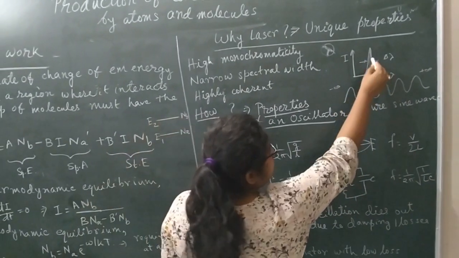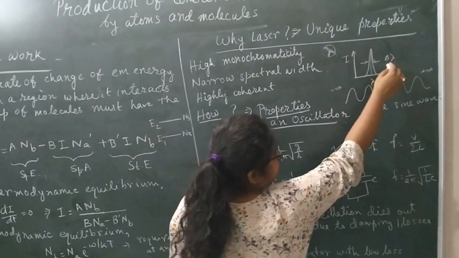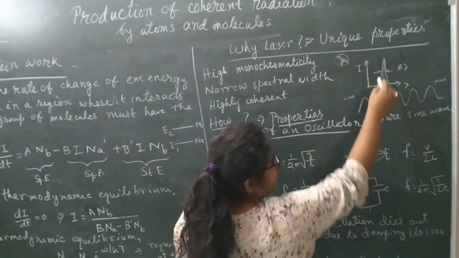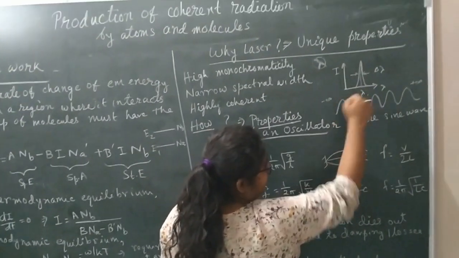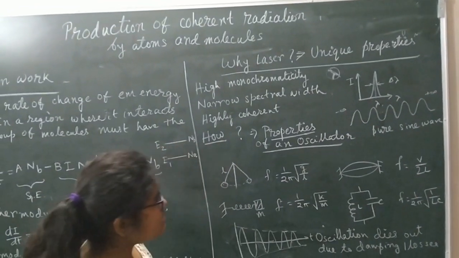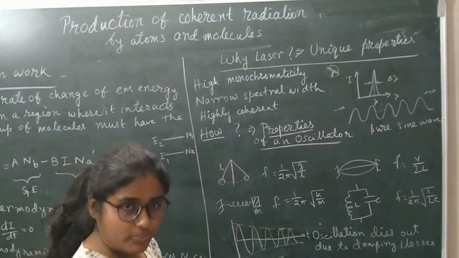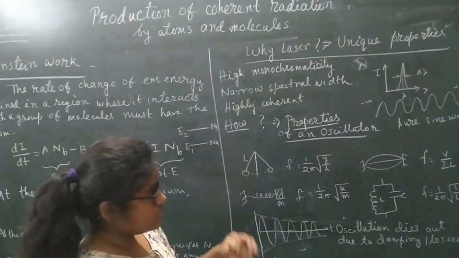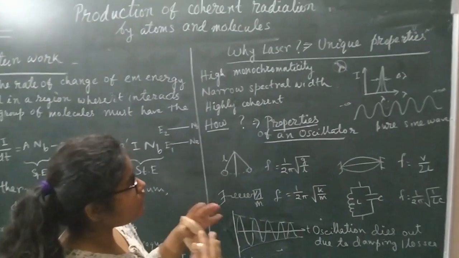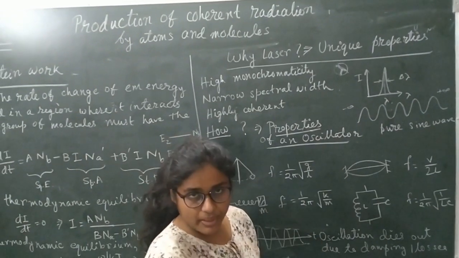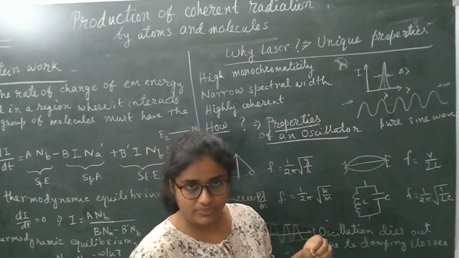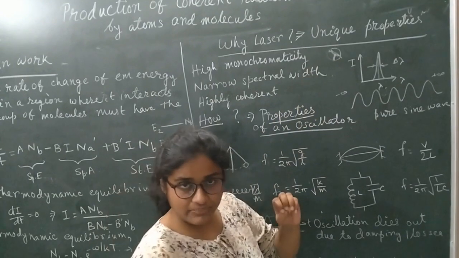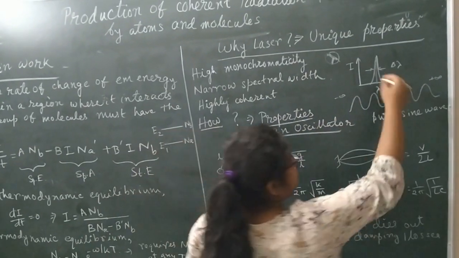This width is the delta lambda, and the peak wavelength is lambda. Whenever in spectroscopy we record the spectrum of molecules or atoms, we usually record in terms of wave number or wavelength.